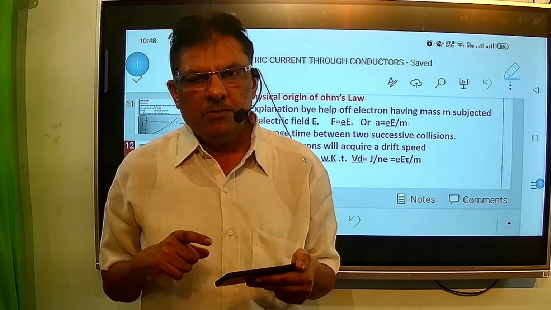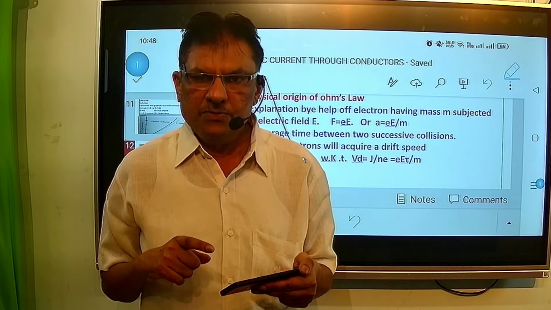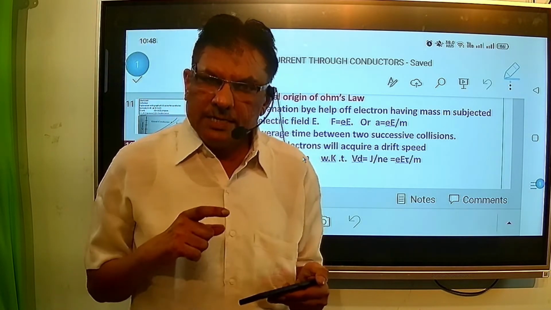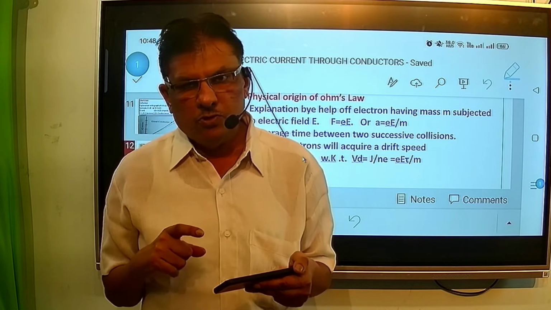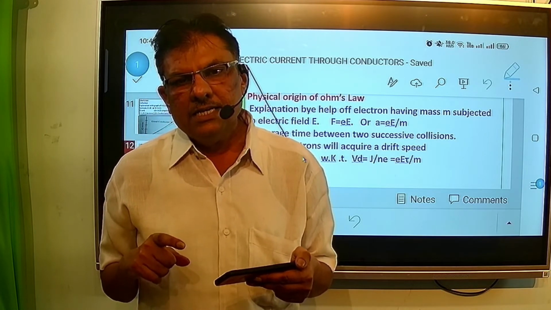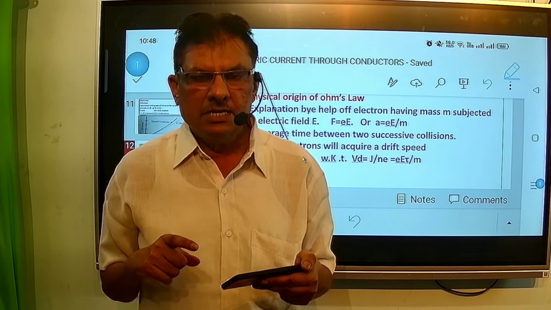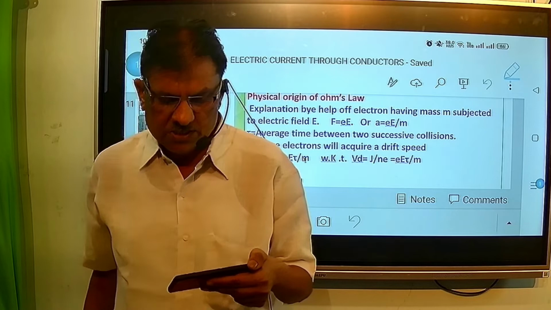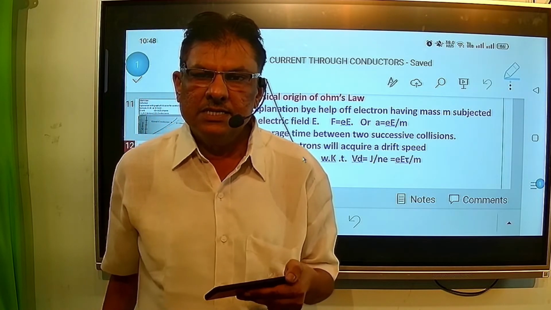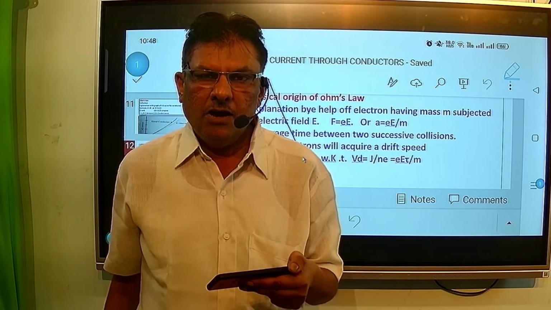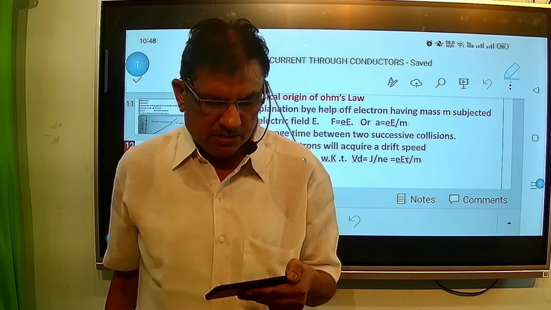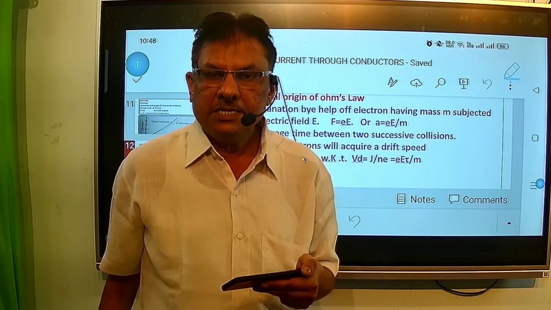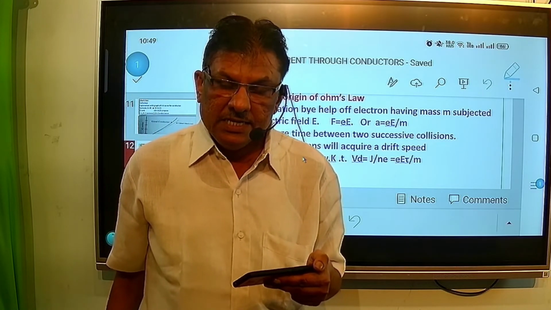So, depending upon that, we say there are two types of current. One is called the conventional current, which is due to the positive charge, and the other is due to the negative charge, called electrons. Now, these electrons have some mass, and when this mass of electron is subjected to the external electric field, we say there is an intensity.